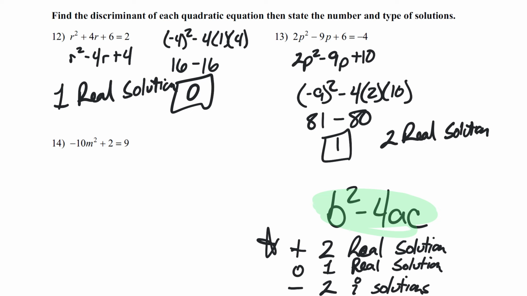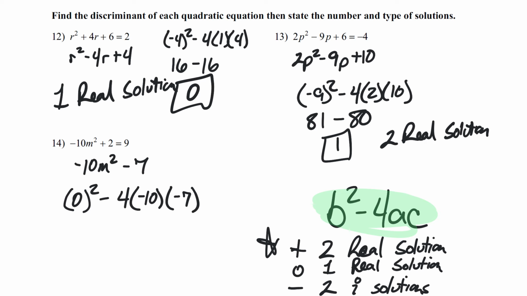And then the last one, we're going to move the 9 over. This one's an interesting one, because when we move the 9 over, we have negative 7. Well, we have an a value of negative 10. We have a c value of negative 7. So where's our b value? Well, this actually works out really well for us because the b value is 0. That's why it's not there. So we end up with 0 squared minus 4 times a, which is negative 10, times c, which is negative 7.